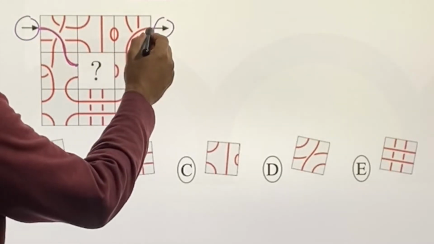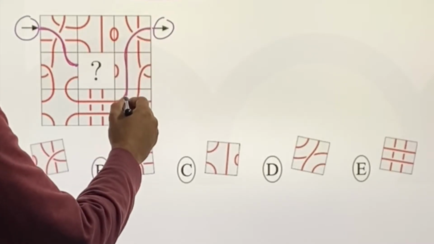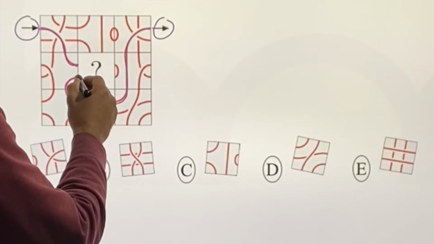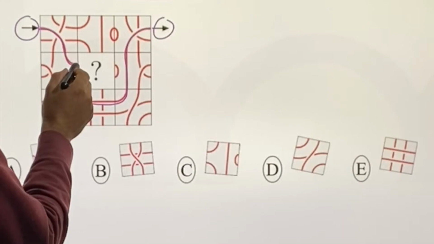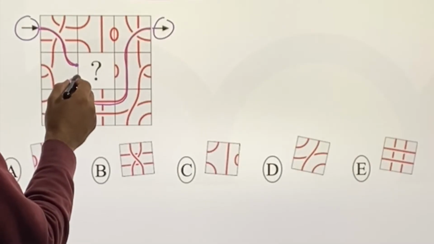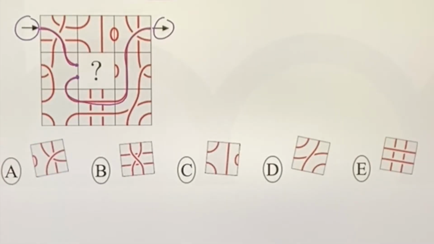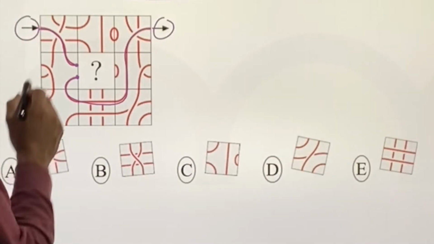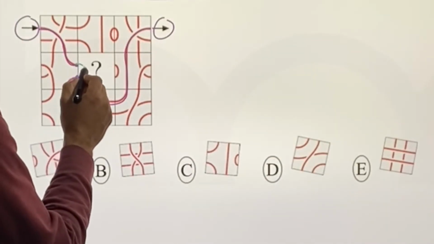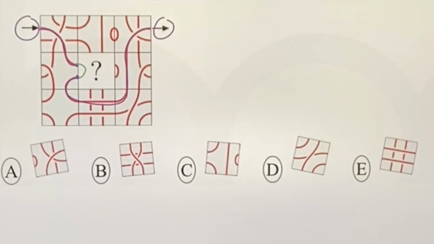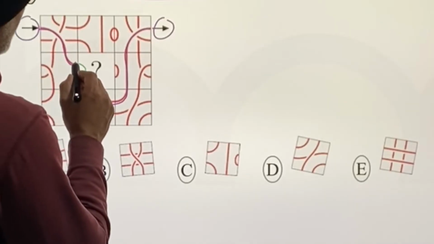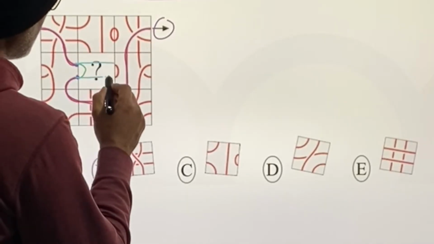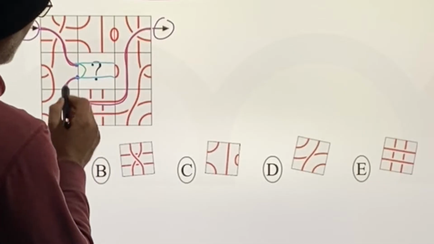Then if we trace the exit, somehow we have to connect this to this. Let me change the color. One way I can see, just scanning through these shapes, one connection can be like that, and the other connection can be like this. Then you can go and come back.